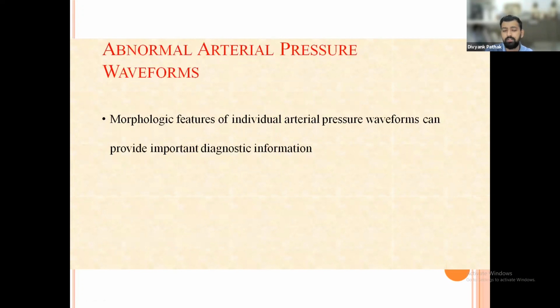We'll go into abnormal waveforms. Now we have learned about the normal waveform. Now we'll see what the abnormal arterial waveforms are. The morphologic features of an individual arterial pressure waveform can provide important diagnostic information. So just by seeing the waveform, you can diagnose many things in a patient.